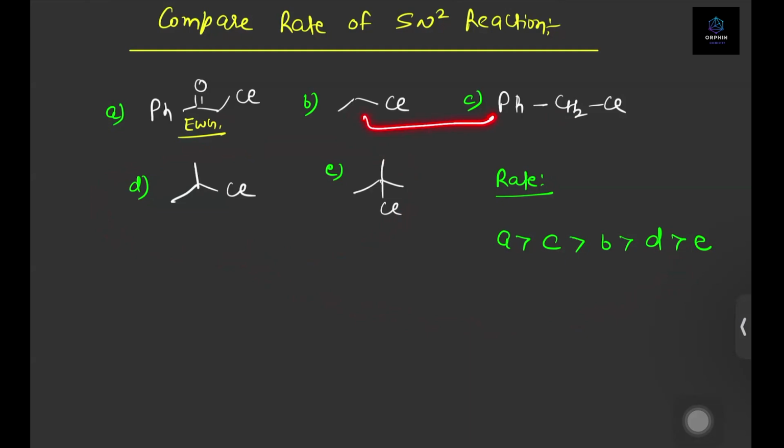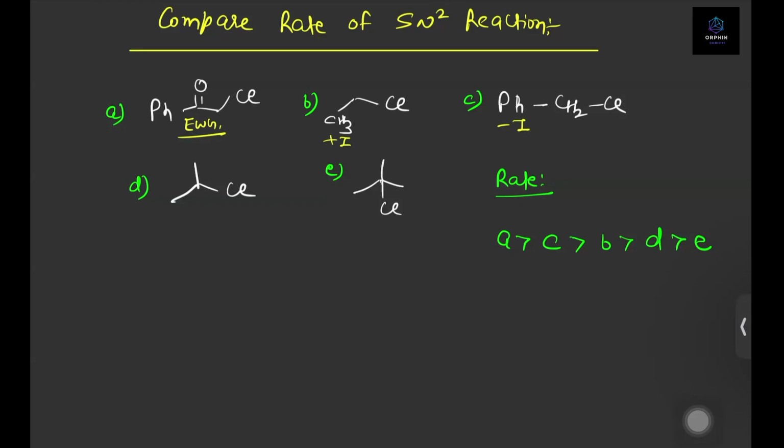Now in B and C, how will we compare? In the case of C, there is no resonance at all. Like Ph is not having resonance with the carbon. But again, this Ph carbon is sp2 carbon, and sp2 carbon has an electron withdrawing effect. sp2 carbon is having a minus I effect. So that is why it will again stabilize the transition state. Rather, this is having CH3, which is having plus I effect.